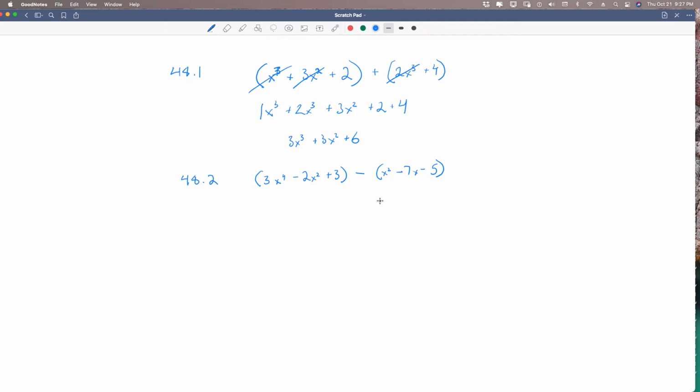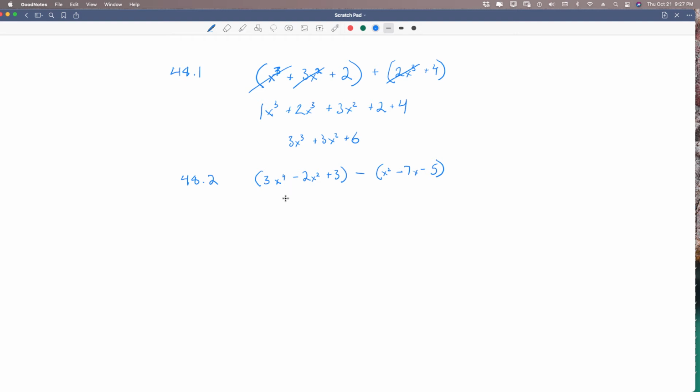All right, I'm going to show you a trick that you can use if it helps. If you don't like it, don't use it. It's called stacking, and we'll use it later when we start multiplying polynomials by polynomials.